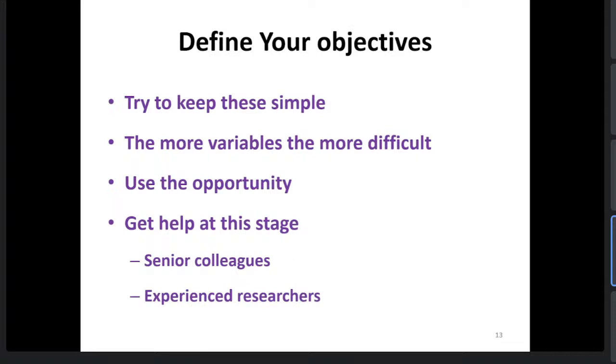The number of variables should be optimal, because using more variables will create difficulty in research.